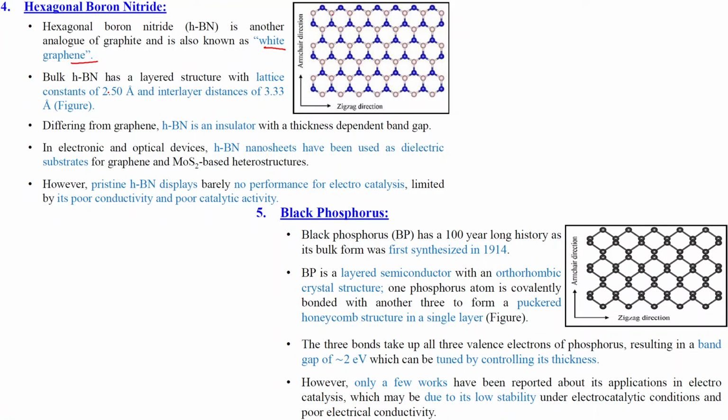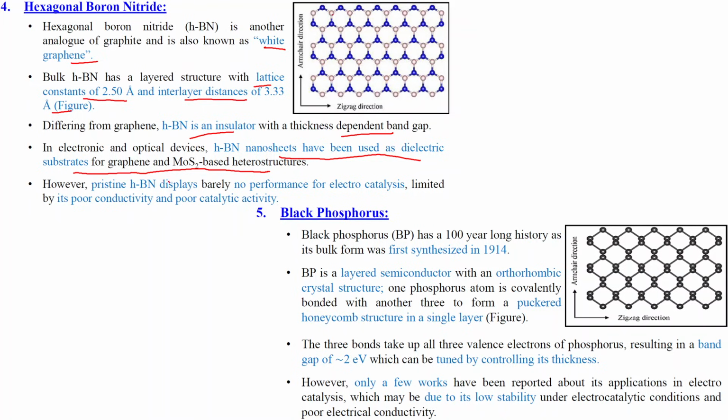Okay, bulk hexagonal boron nitride has a layered structure with lattice constant of 2.50 angstrom and interlayer distance of 3.33 angstrom. So it differs from graphene, but how does it differ? It is an insulator with a thickness dependent band gap. In electronic and optical devices, HBN nanosheets have been used as a dielectric substance for graphene and MoS2 based heterostructures.